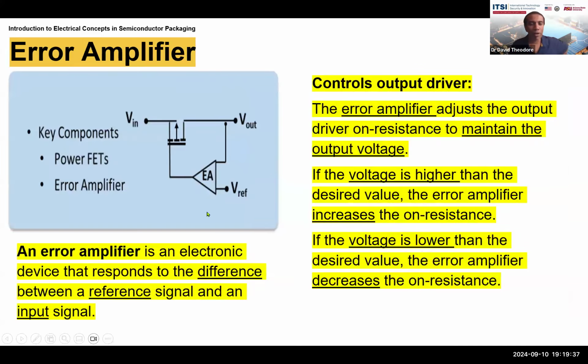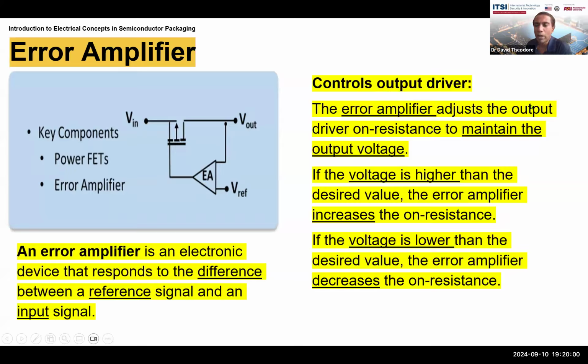So the error amplifier that's used here, how does that work? The error amplifier is an electronic device that responds to the difference between a reference signal and an input signal. So in this case, it's getting the input here, it's looking at the output here, and if there is a difference, it changes the output here with the feedback loop.